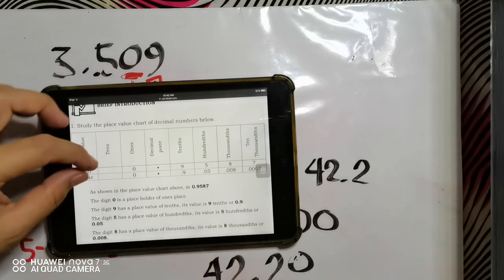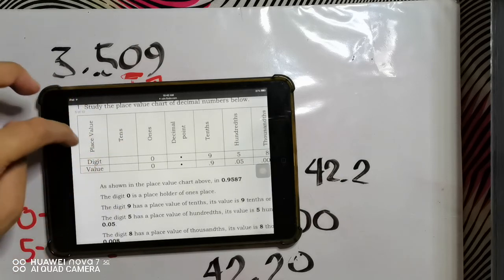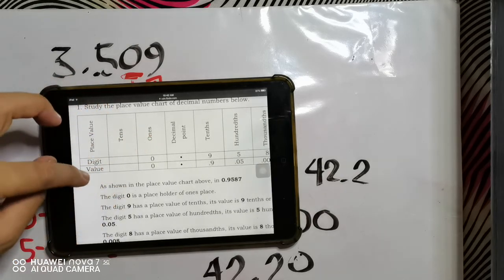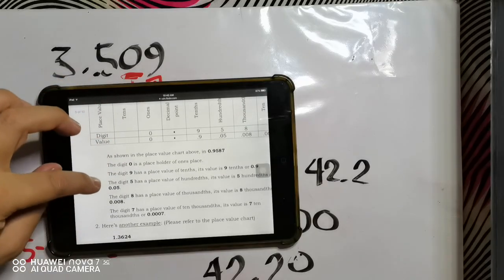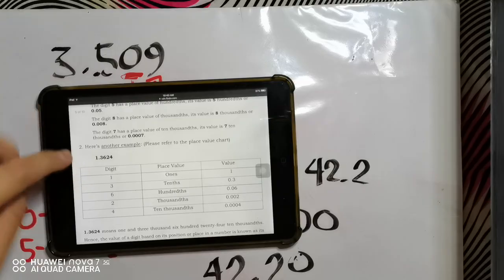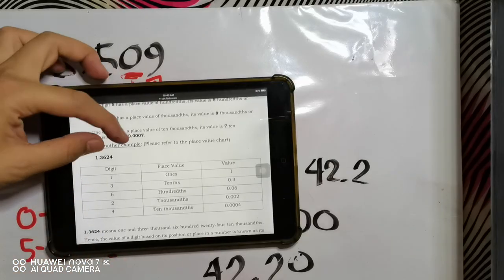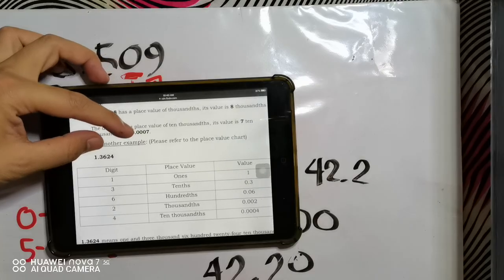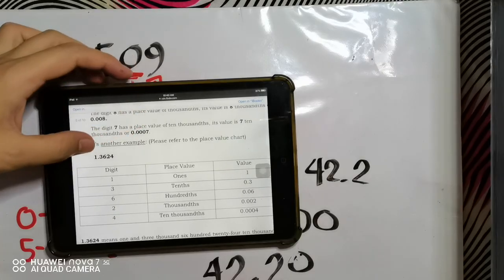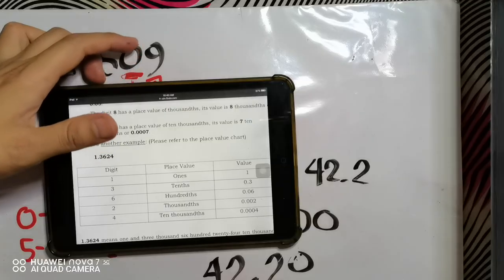Here, you can see the digit or the place value, and then its value. Let us try to understand this. Another example, 1 and 3,624 ten-thousandths.